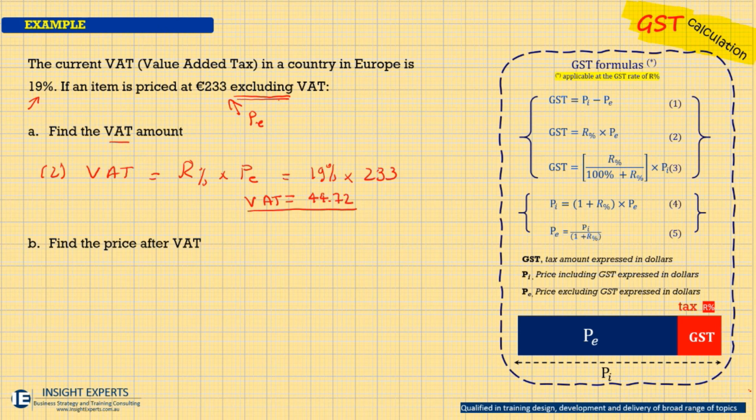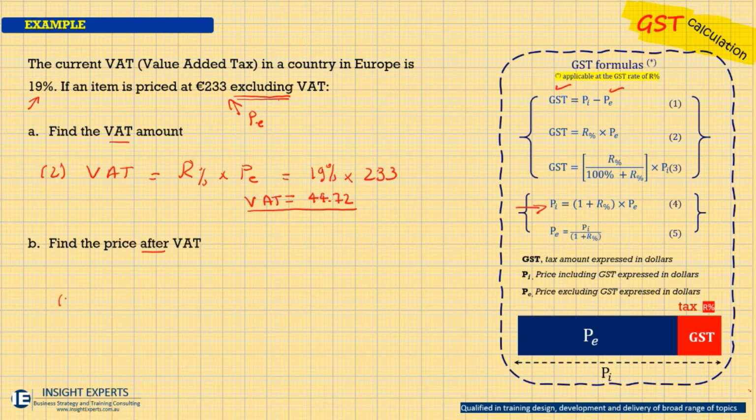Now, question B, find the price after VAT or after tax. There are a number of ways of doing it. You could use, for example, equation number 1 because we have PE and GST, but to take it a little bit further, we'll go with equation number 4, which is another way of calculating the price after tax.